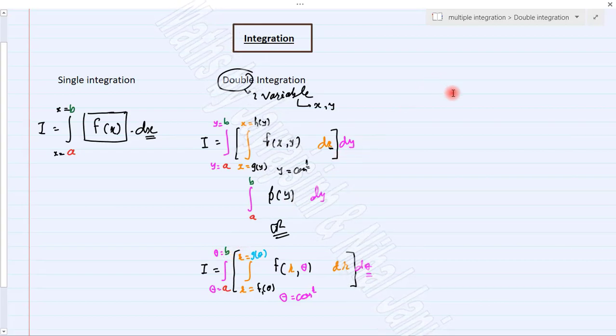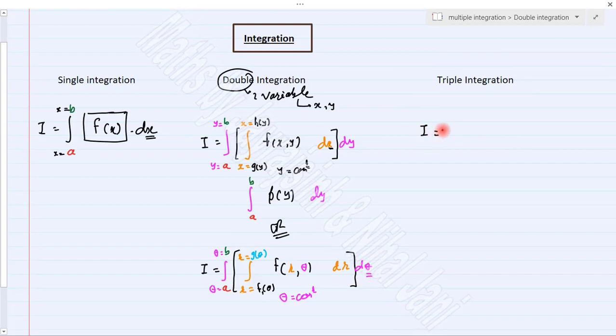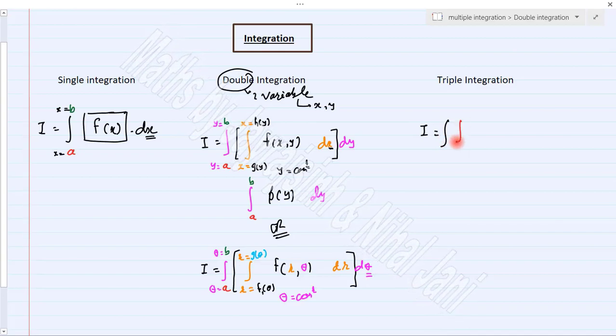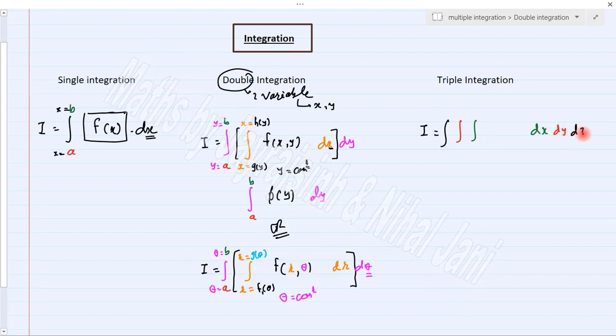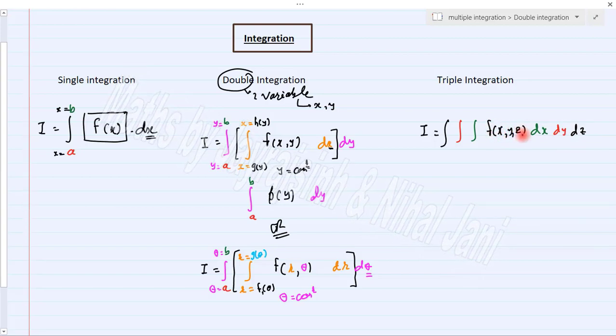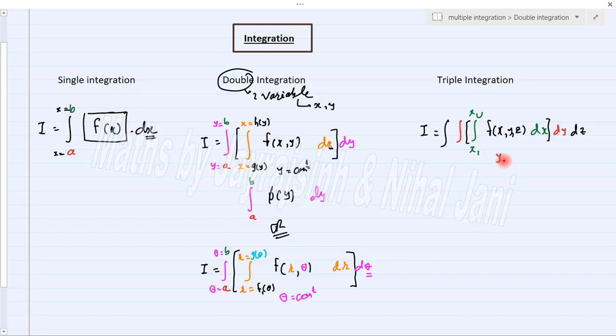Similarly, if we talk about triple integration, it is but obvious that we have to deal with three variables, and we will have three layers of integration. Let's take the most familiar variables dx, dy and dz. So our function will be of x, y, z. Here we get the lower limit and here we get the upper limit of x, and during this integration we have to take y and z as constants.